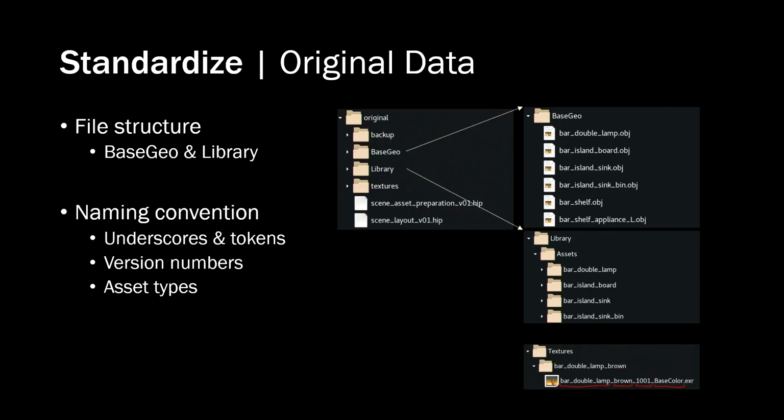So, first step, standardizing the files on disk. I wonder if any of you already saw that scene or played with that scene. It's OBJ files as a source for the models.